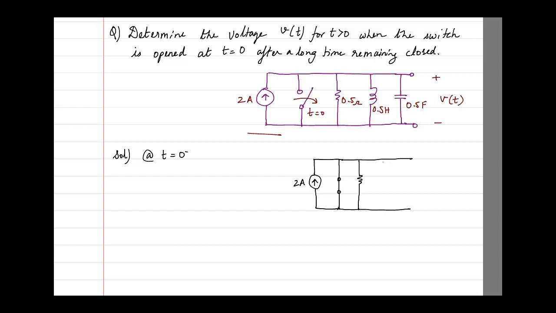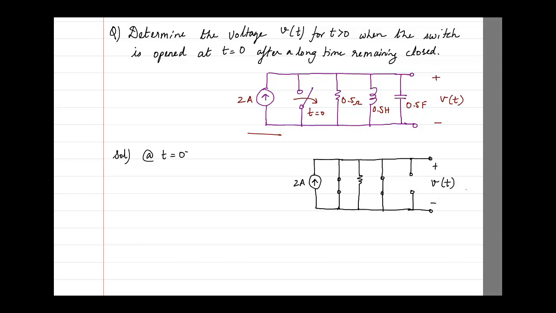So the resistance is this, the inductance will be short circuit, and the capacitance will be open, and we have plus minus V of t.